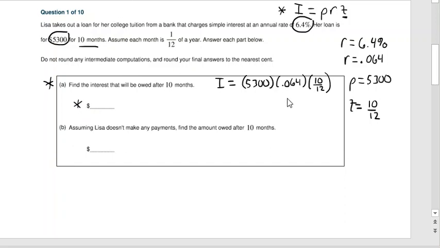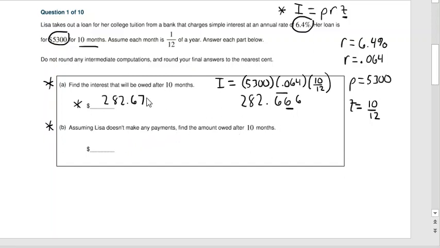When we plug this into the calculator, 5,300 times 0.064 times 10/12, we get 282.66 repeating. Because we're talking about money, we round to the hundredths. The number after the hundredths is 5 or bigger, so this would round to $282.67.